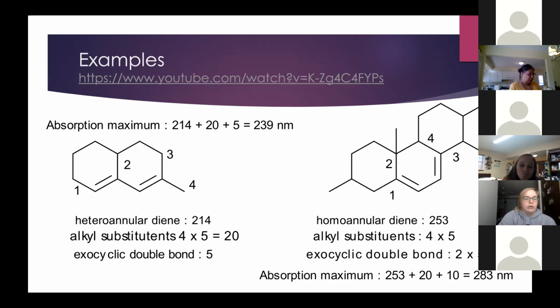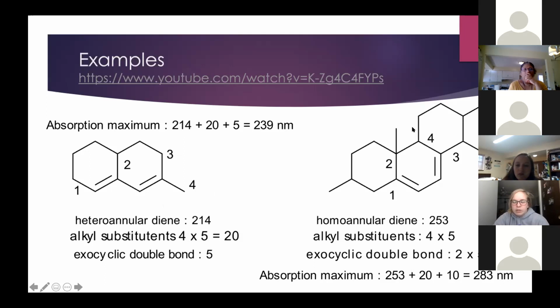And then you're going to add on all of your substituents. Here it says that they have 4 substituents, so you multiply that by 5 and you get 20, which you add to the base value. And then you have an exocyclic double bond, so you add another 5 and you get a lambda max that occurs at 239 nanometers.